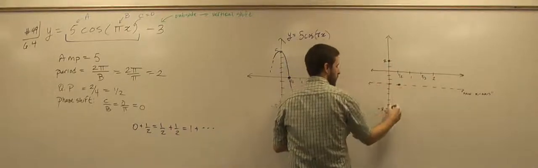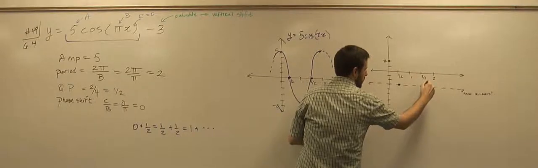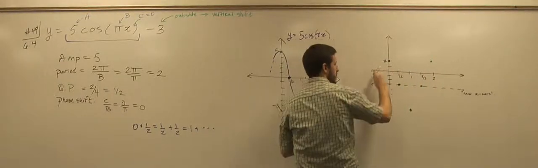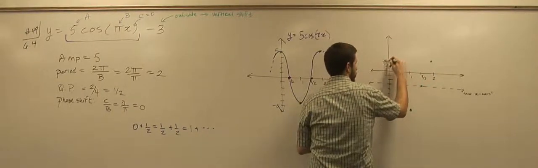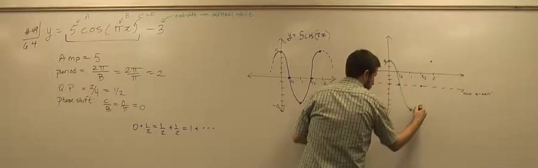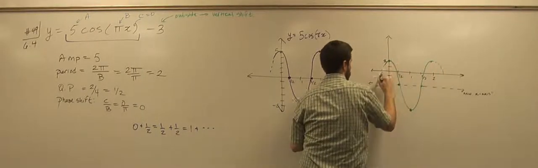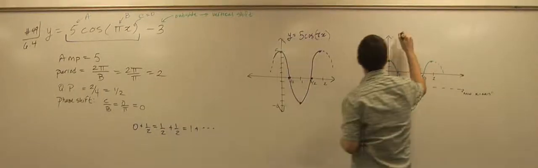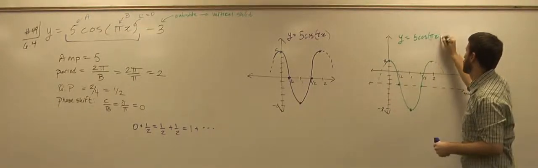So max, 0, min, 0, max. So for all intents and purposes, you ignore this old x-axis. It's not important anymore. So this will be minus 3 on the end. 5 cos pi x.